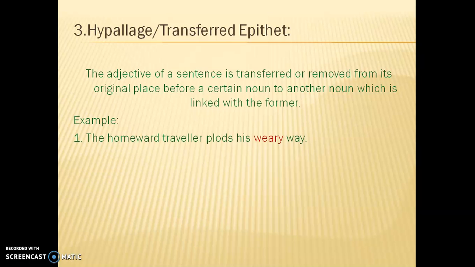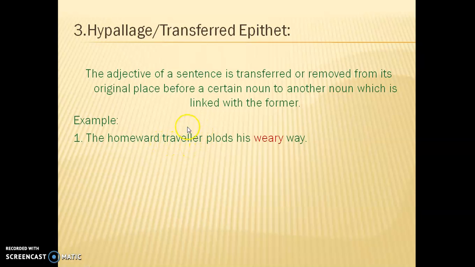The homeward traveler plods his weary way. Just see the adjective here, weary. Weary means tired, and the noun is way. Way cannot be tired, isn't it? So the adjective is improper here. It should be placed before the noun traveler.